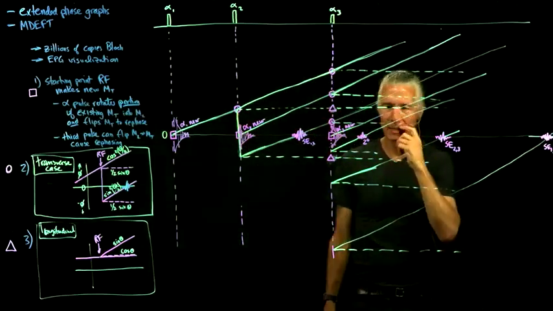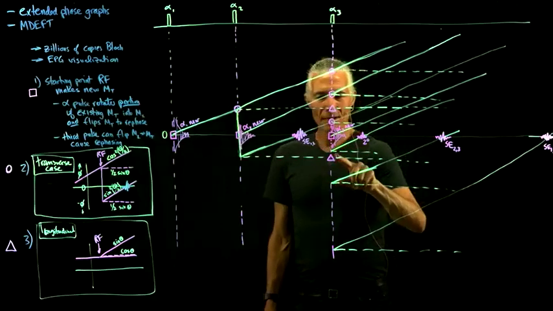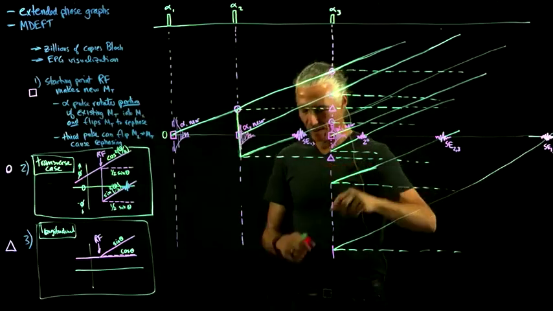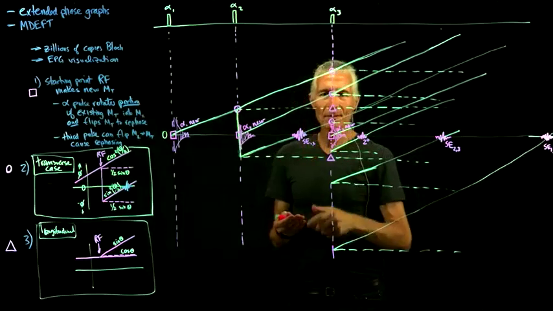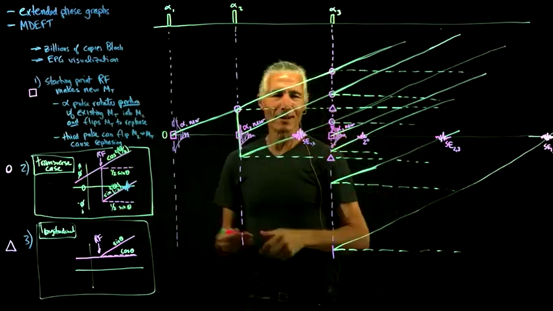And so how does the stimulated echo actually work? There's 2 pathways for the stimulated echo. So those are the triangles for the stimulated echo.